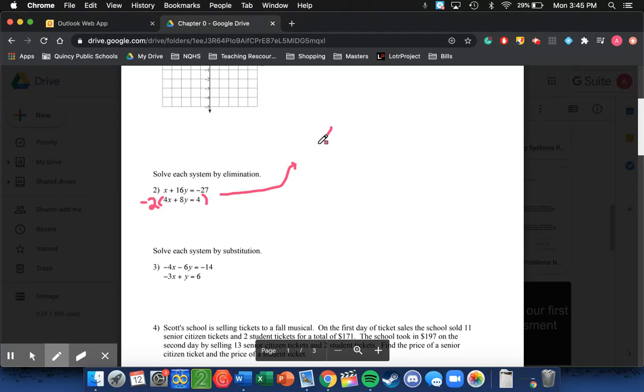Well, my top equation hasn't changed at all. x plus 16y equals negative 27.